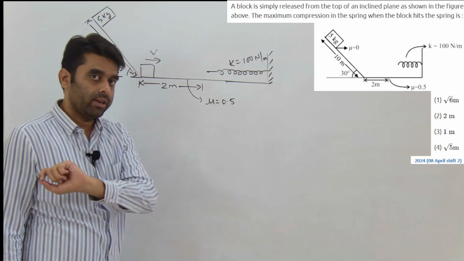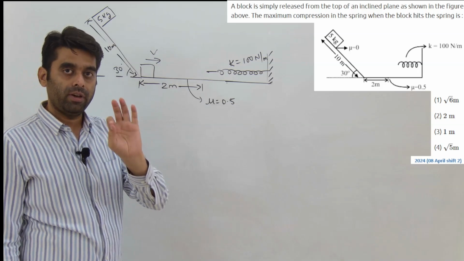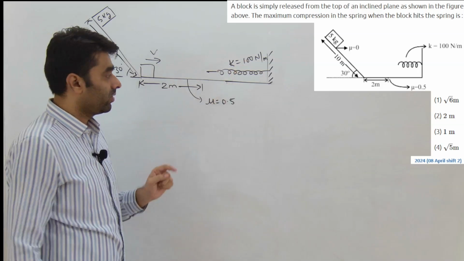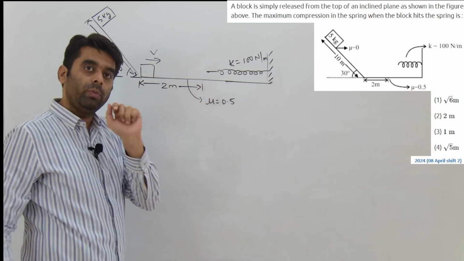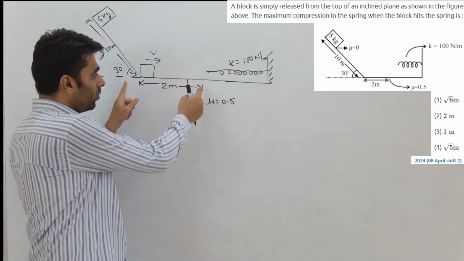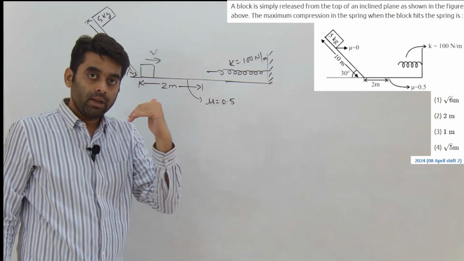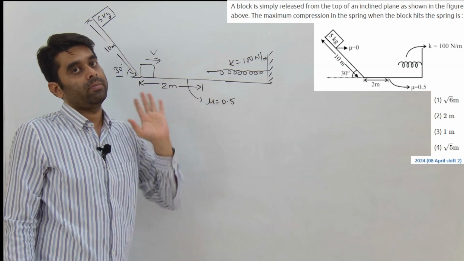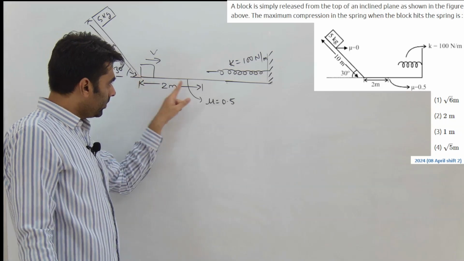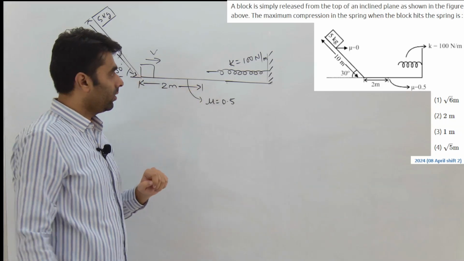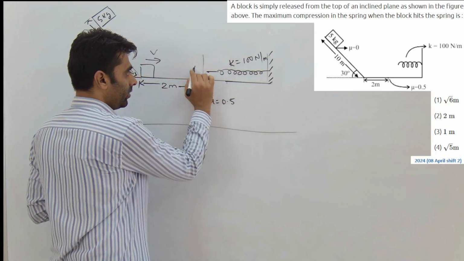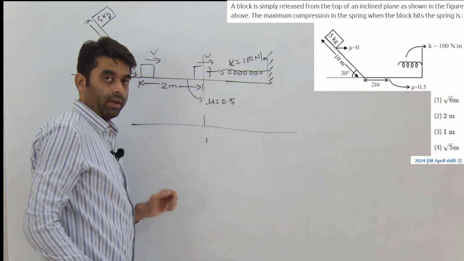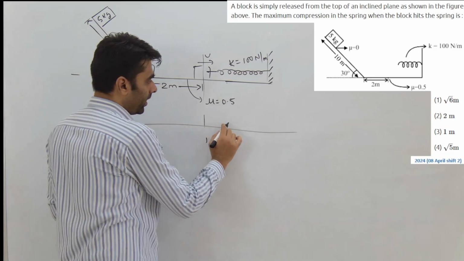According to the figure and the data given in the question, if you notice, they have given mu 0.5 only in this 2 meter part. So in this 2 meter part, friction will do negative work. Once it reaches over here, it will strike the spring, and because of its velocity, it will compress the spring.